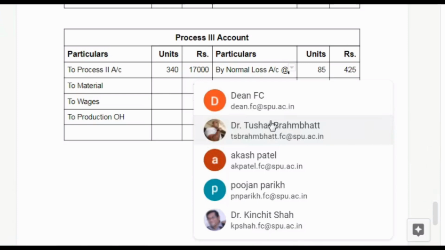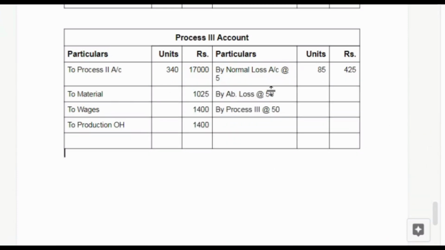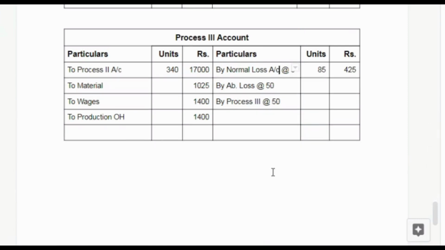Now we calculate at 5 rupees. Next, the final goods are transferred to the finished goods account.